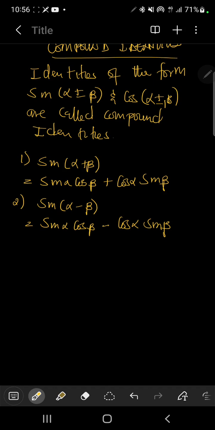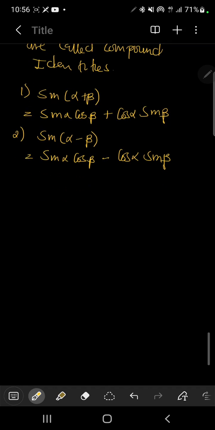Okay. Then now we look at another compound identity, which is 3, where we are having cos of alpha plus beta, which is equals to, so with this one you change the sign. Let me write it so that I explain it very well.